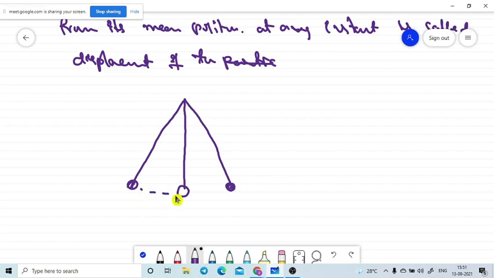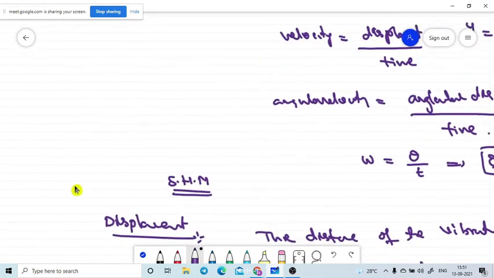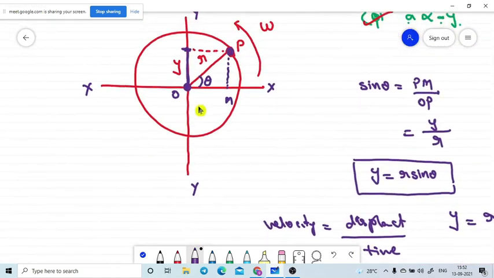Will you please look at this? This is the distance from its mean position, named as the displacement of the particle Y. It is the same parameter we discussed here, the same thing. This is the displacement of the particle.